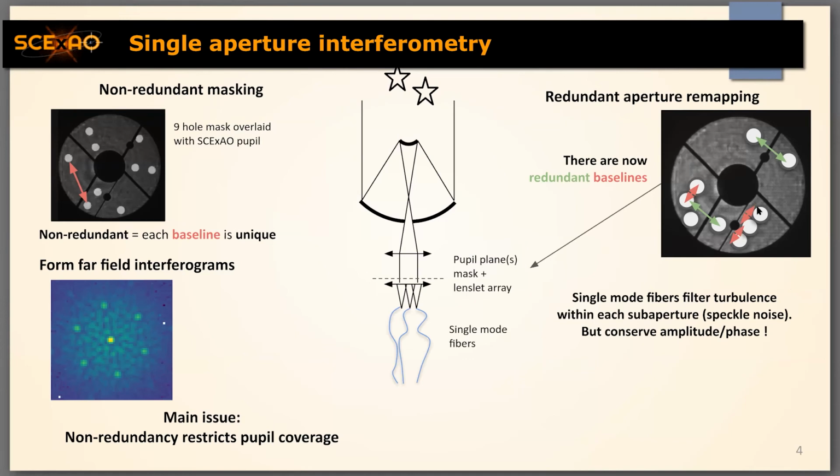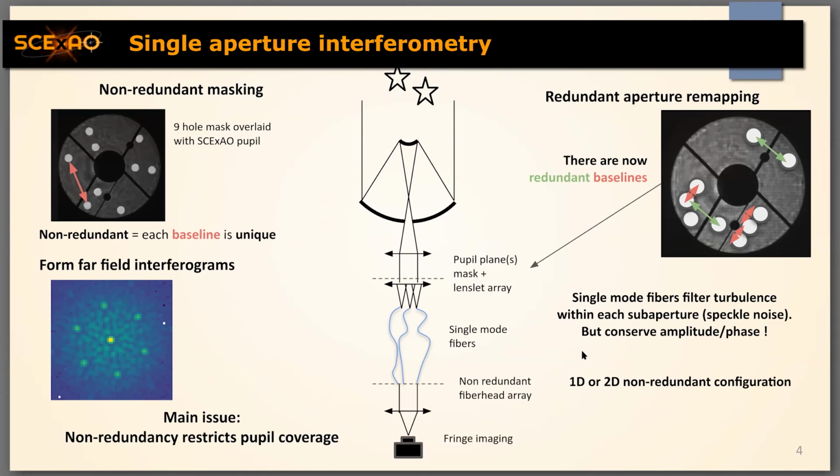So every single subaperture, every single hole in the pupil plane, is injected into a single mode fiber or waveguide, where the E field is conserved. Then we can put all those fiber heads at the exit into another pupil plane in a now non-redundant configuration and image the fringes. And so the remapping allows disambiguation of the originally redundant baselines.